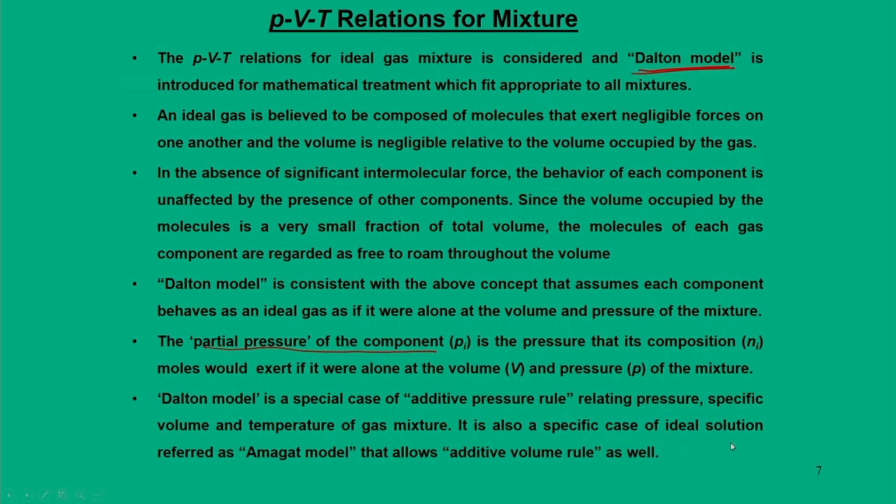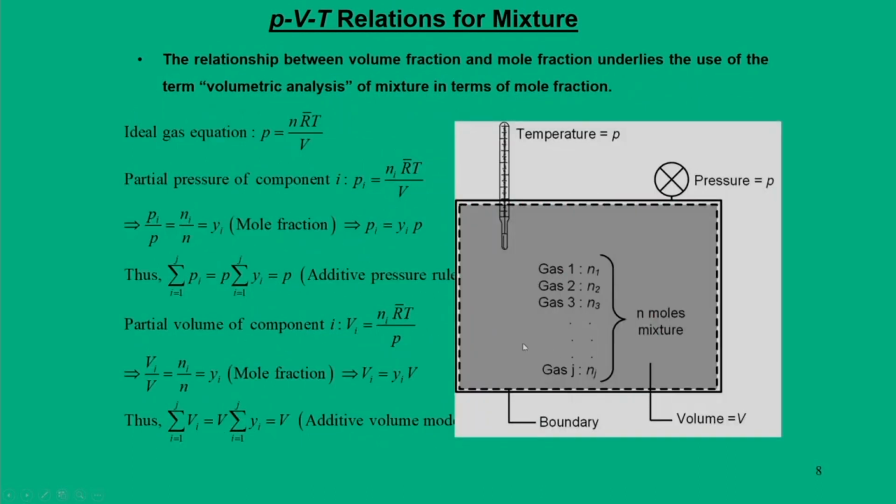The ideal solution is referred to as the Amagat model, which allows the additive volume rule. So, the additive volume rule gets simplified as the Amagat model and the additive pressure rule gets simplified as the Dalton model for an ideal gas.